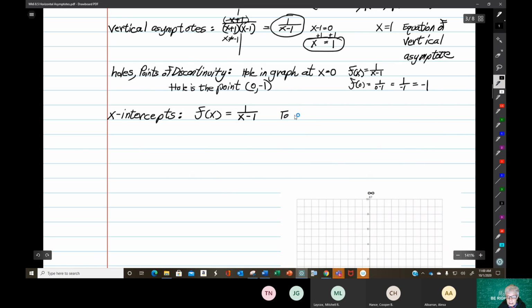To find the x-intercepts, set the numerator, the top, equal to 0, and solve for x.